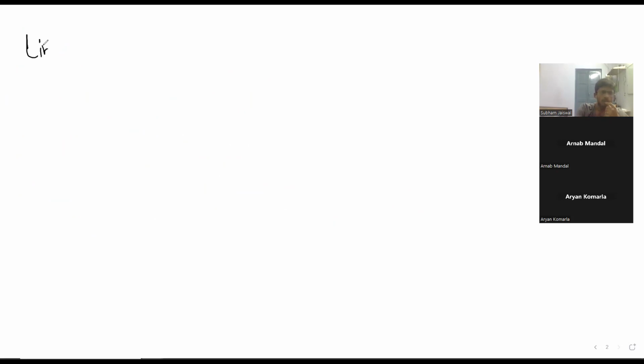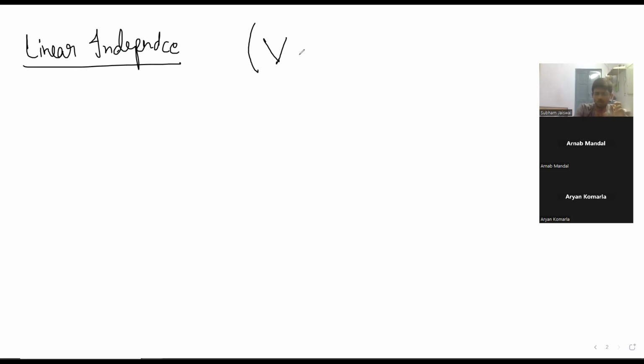So first concept is linear independence. Linear independence. And actually, let me just define this for general vector spaces. Okay. So let me define vector space here. So V is a vector space. It's just very, very similar to Rn.